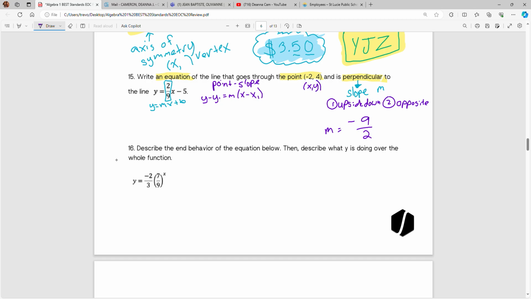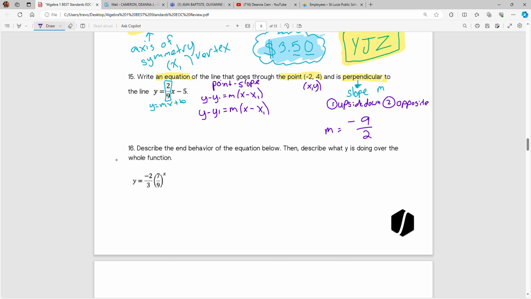So now I can come back to the formula and just plug these things in, and technically we're done with the question. I'll write it again. y minus y1 equals m times x minus x1.